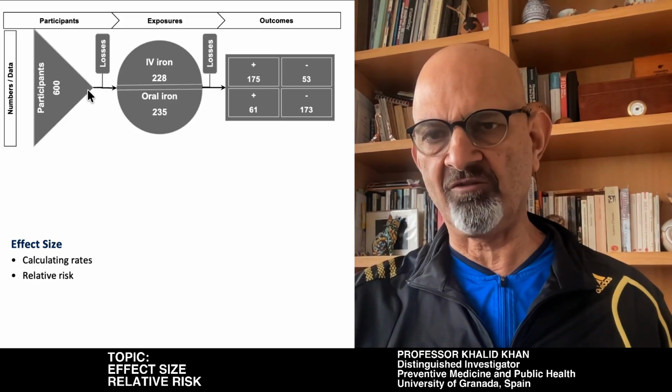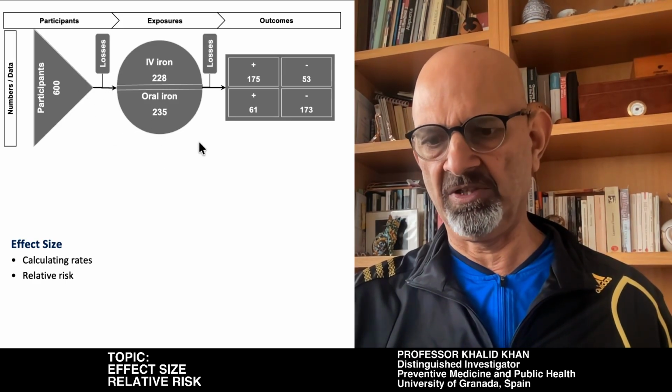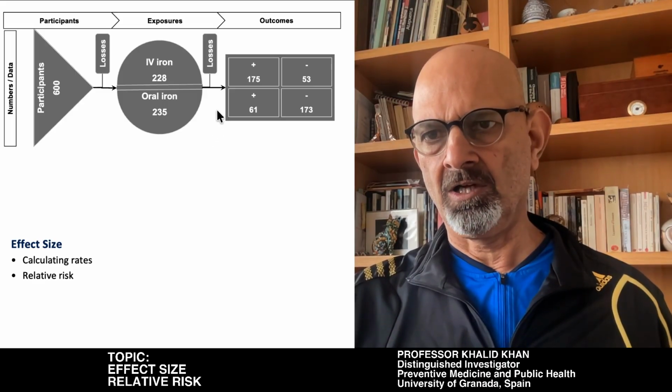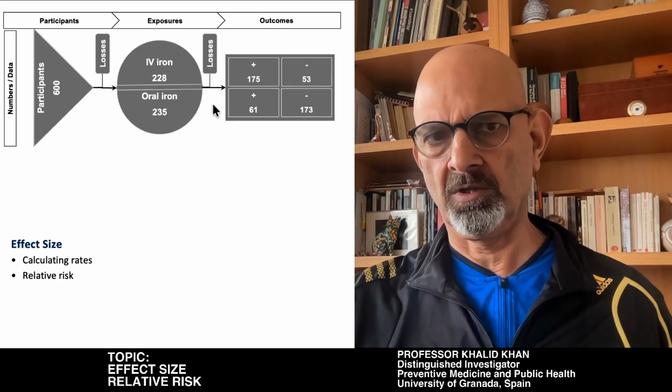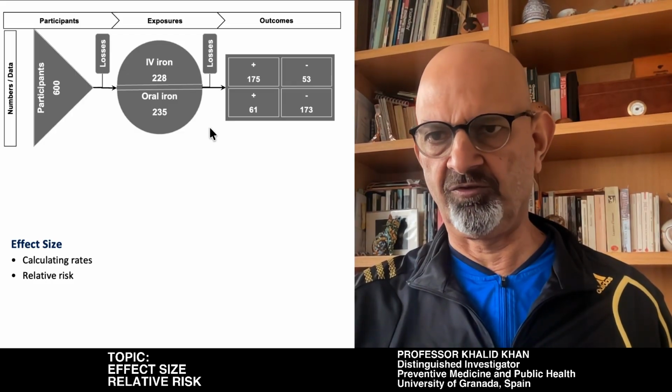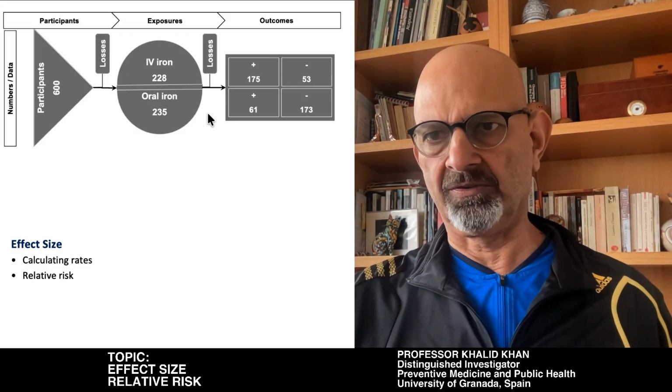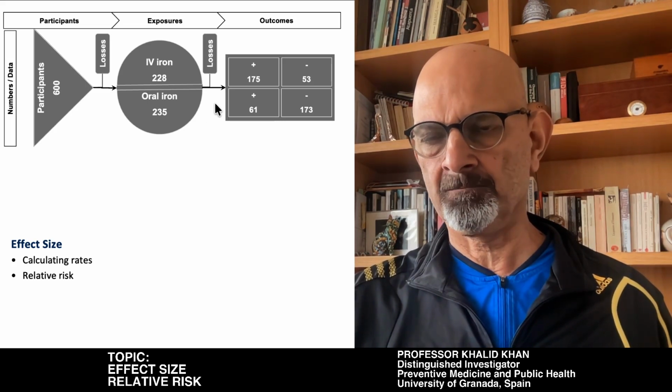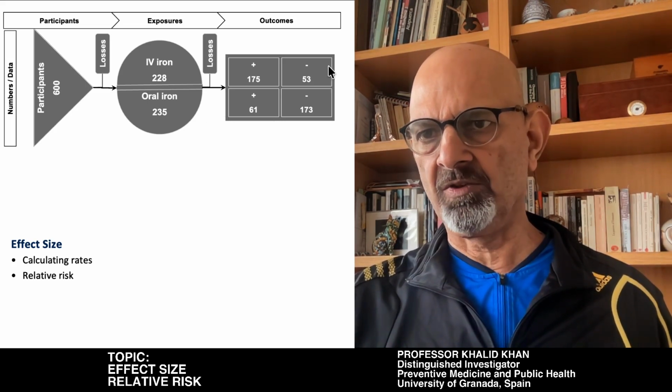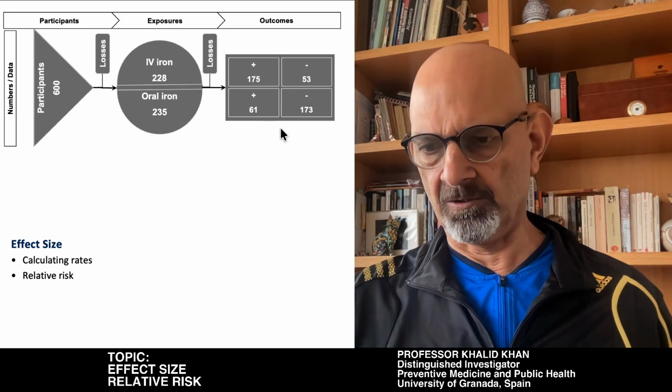Obviously, the losses have been removed from this simplified flow diagram, both following randomization and during follow-up, and data losses at the time of outcome measurement. So we are left with this 2 by 2 table.